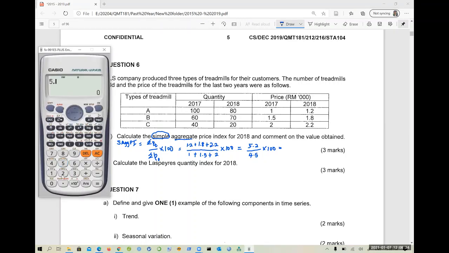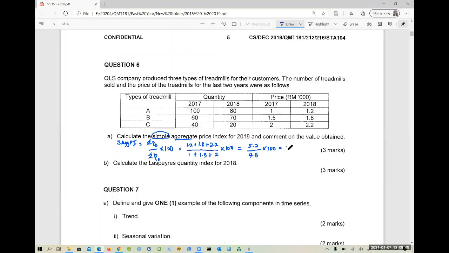So 5.2 divided by 4.5, and then times 100, and you get the answer 115.6.